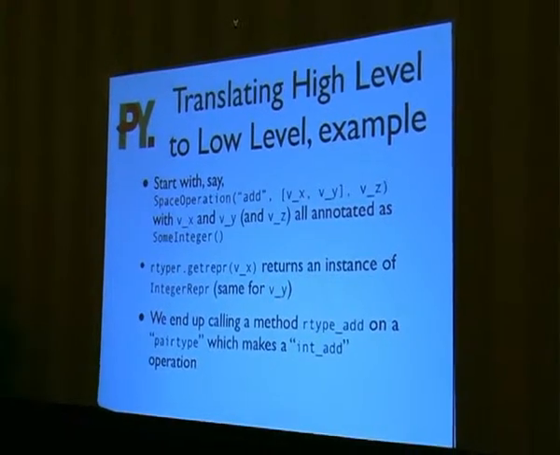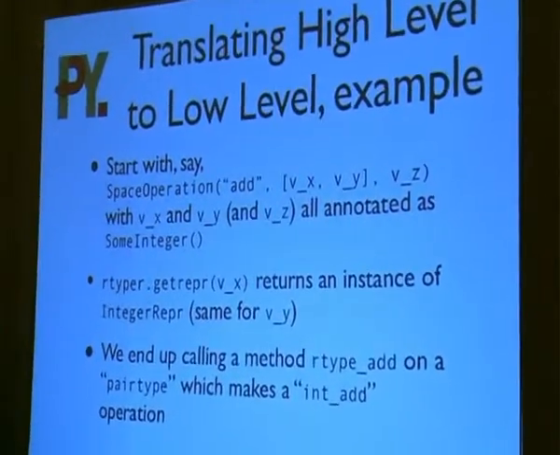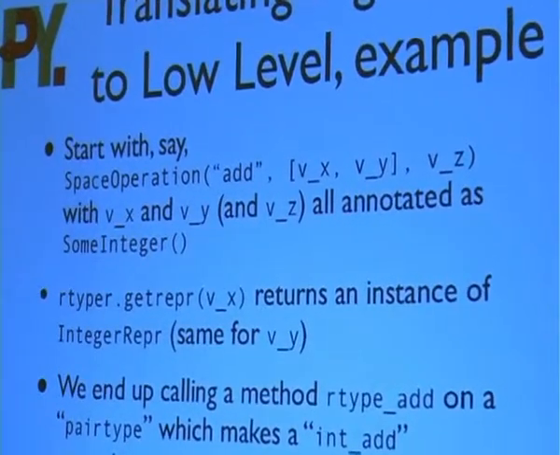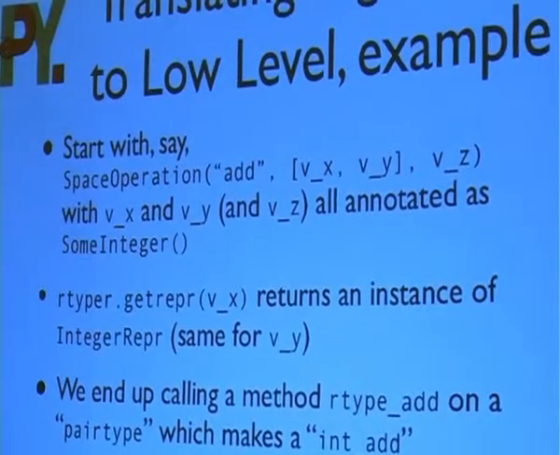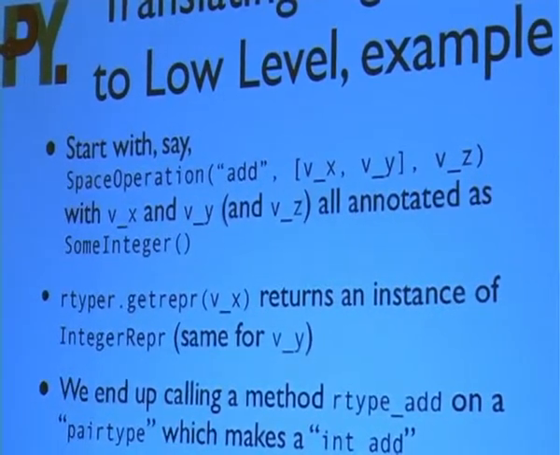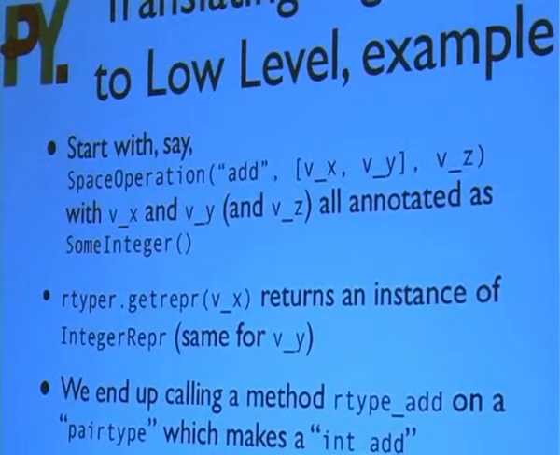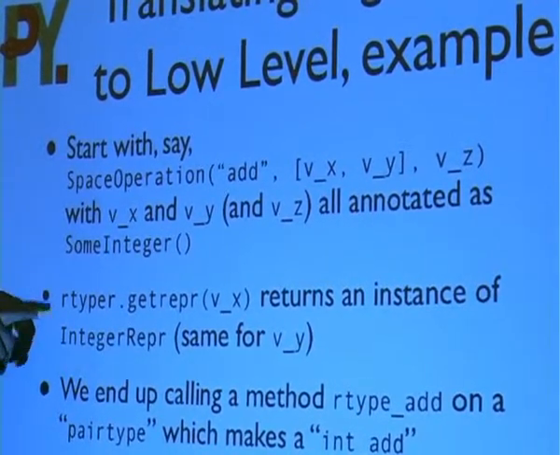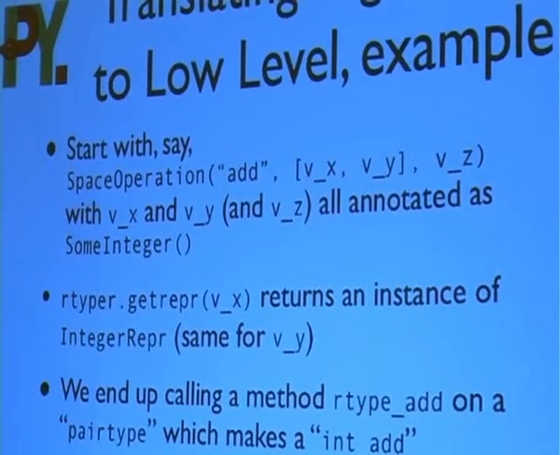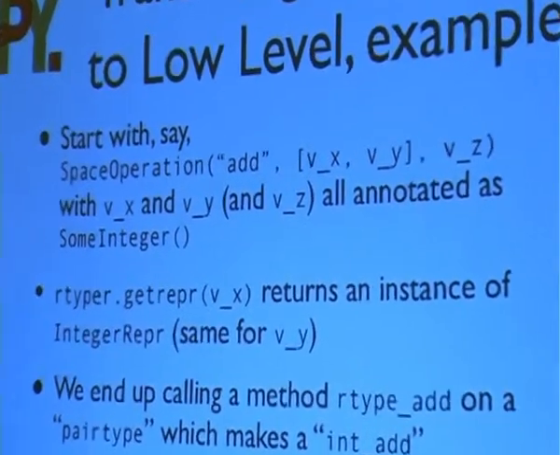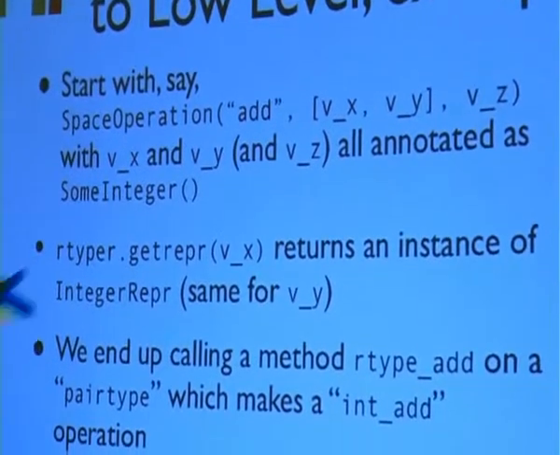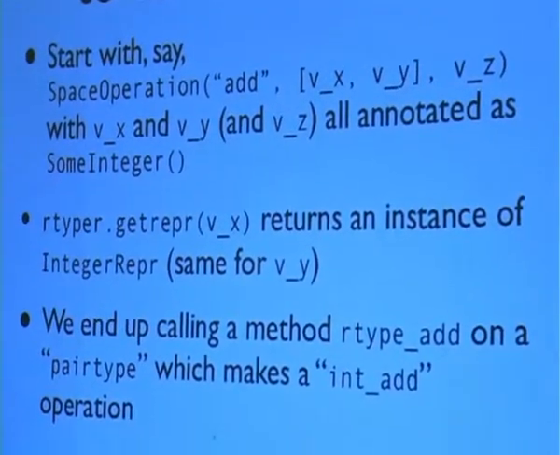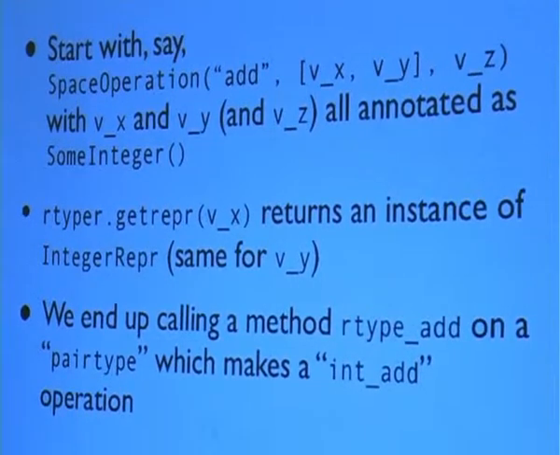So an example, we start with this space operation, which is very like something that was seen earlier. It's the addition of two variables, and the annotator has worked out that these variables are going to be some integers. So we call this method on the R-typer. There's a class called RPythonTyper, I think, though instances are canonically called rtyper. We call getRepr or getRepresentation for both variables, and we get an instance of IntegerRepr.